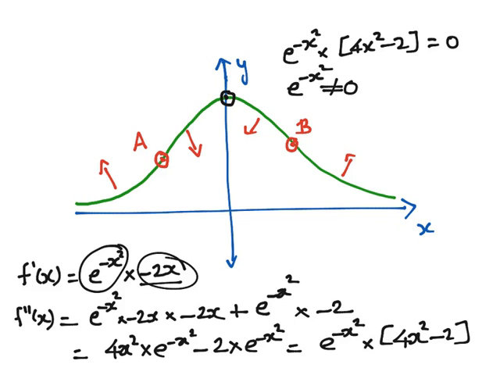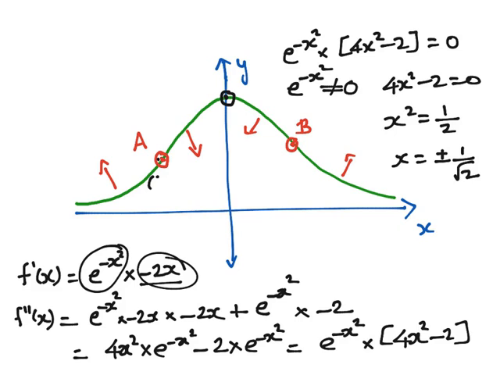So definitely it means 4x squared minus 2 is 0. So x squared is 1 by 2. So x is plus or minus 1 upon root 2. So this point will be minus 1 by root 2 comma some y value, and this point will be 1 by root 2 comma some y value.